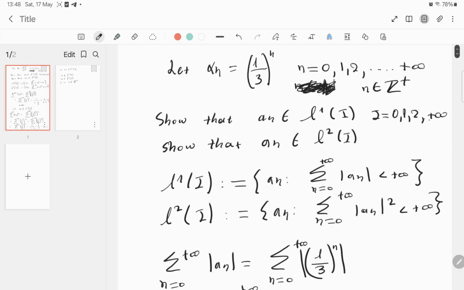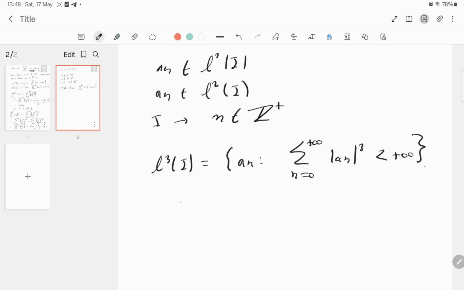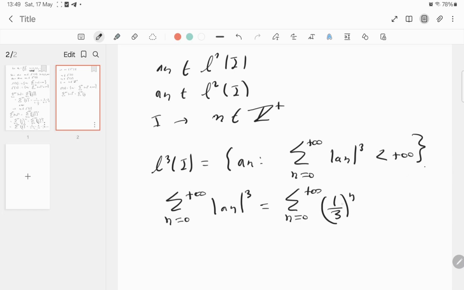Of course, you can have little l3, the sequences a_n such that the sum from n equals 0 to infinity of a_n to the power of 3 is a bounded quantity. We can just have a look at this calculation. That's 1 over 3 to the power of n, all to the power of 3.